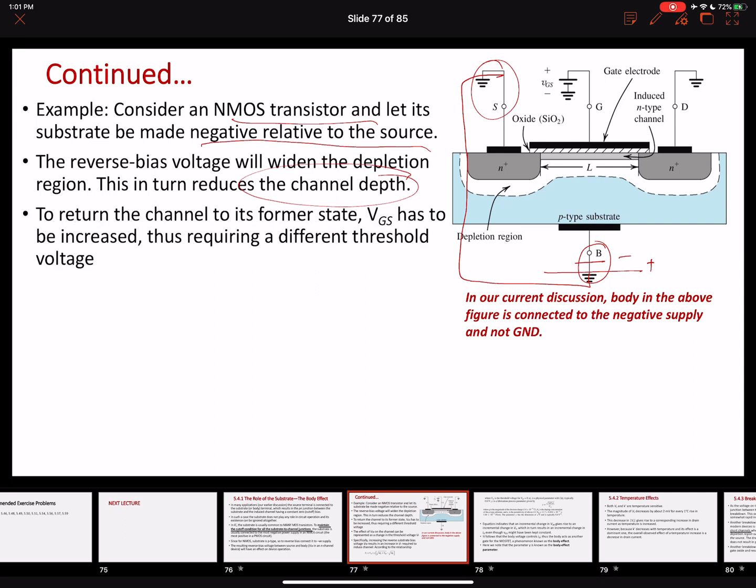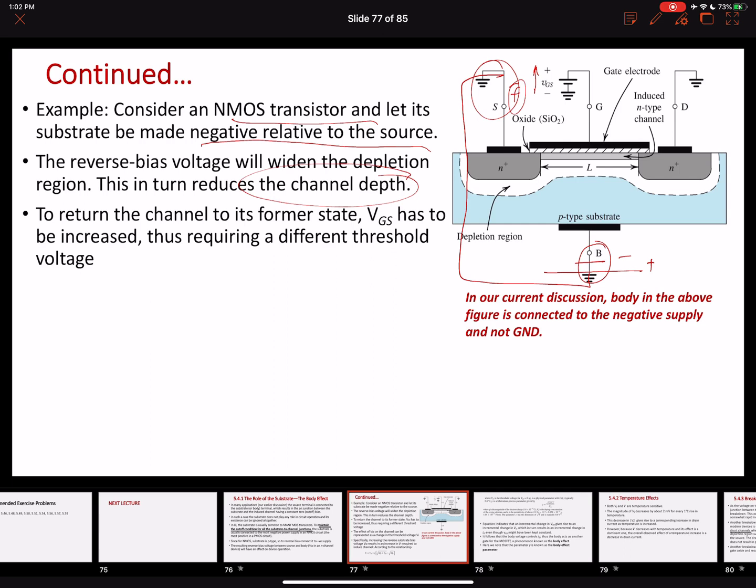Now, this means that we're going to have some positive voltage at the source terminal, or the body is at negative with respect to the source. And if that is true, this means that in order to have the same state in terms of conductivity, induction of a channel, and the drain current, in order to have the same state of the channel, we need to have a higher value of VGS. So more gate to source voltage is needed to have the same state.